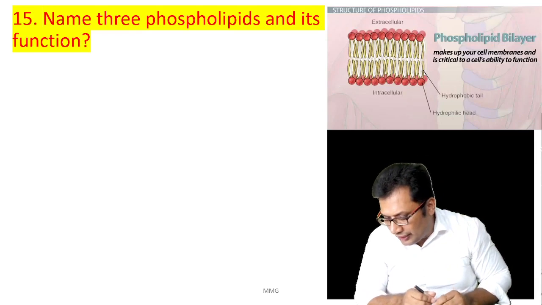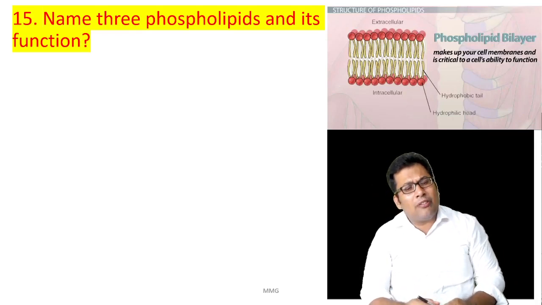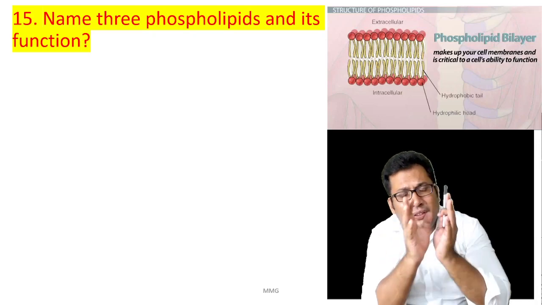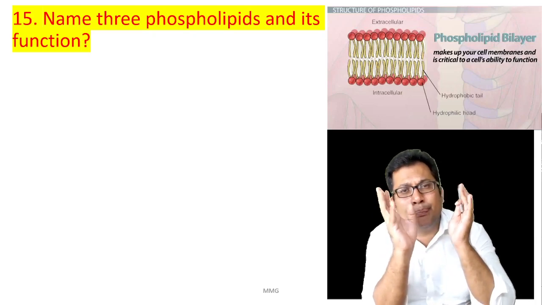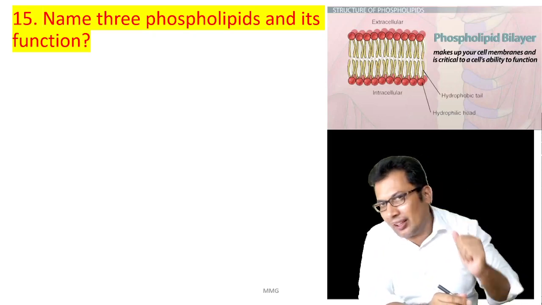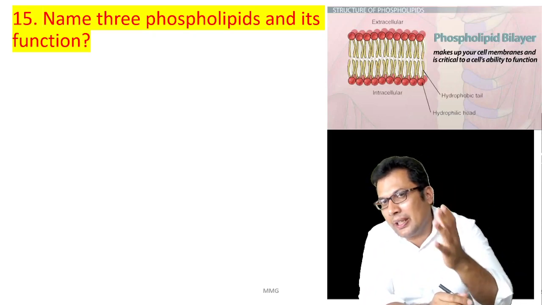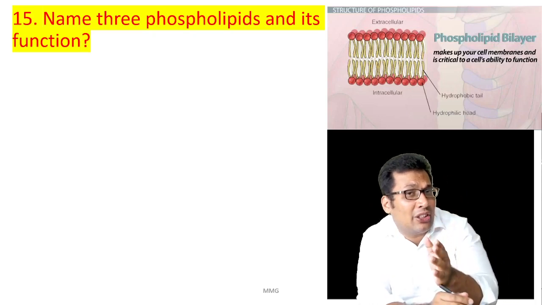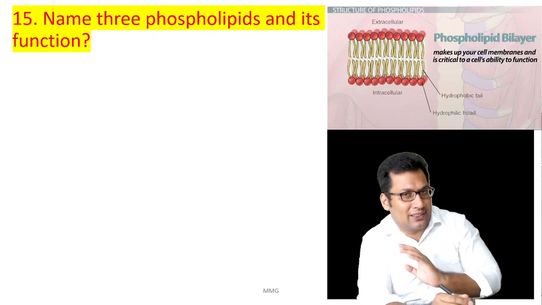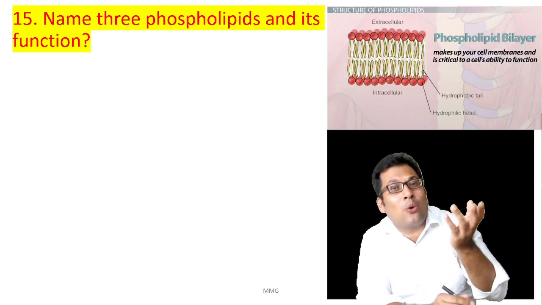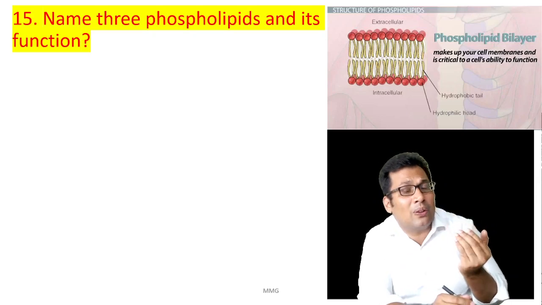Question number 15. Name 3 phospholipids and its function. See, phospholipids are present in many sites. One important site is your surfactant. The surfactant is made up of phospholipid. Deficiency of surfactant leads to hyaline membrane disease, that leads to respiratory distress syndrome and death of the child.